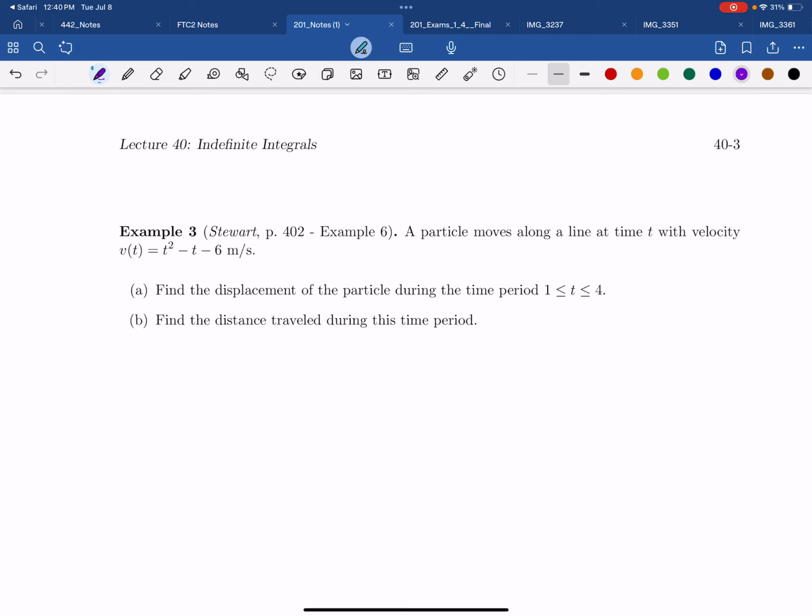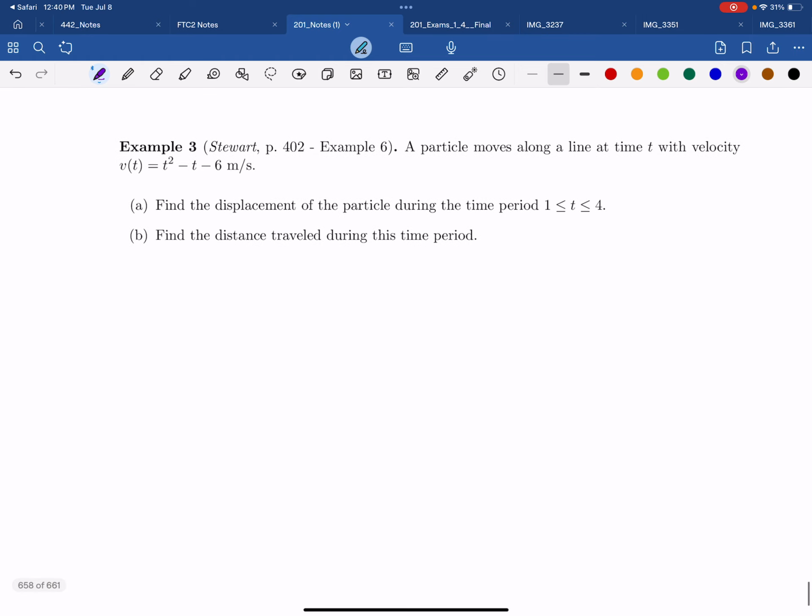So for example, in example 3, we have a particle moving across the line at time t with this velocity. Finding the displacement is not quite so bad, right? We'll just say displacement equals the integral from 1 to 4 of v of t. And so this is just going to give us 1/3, right?